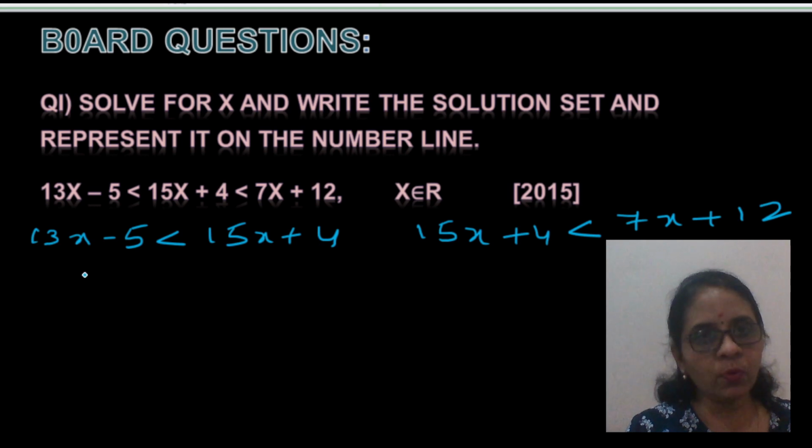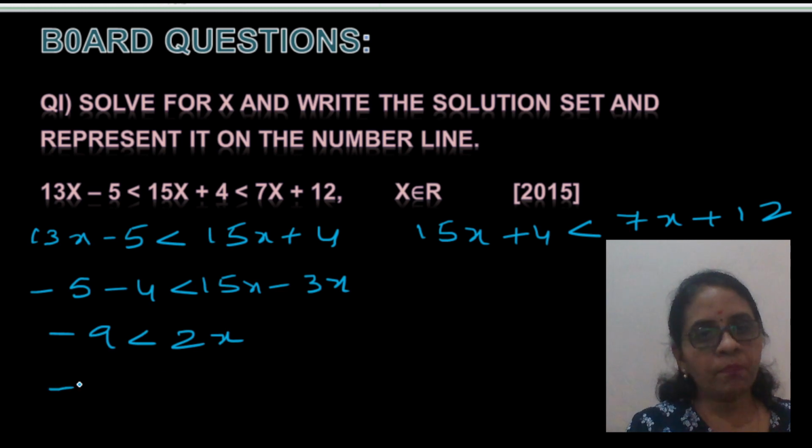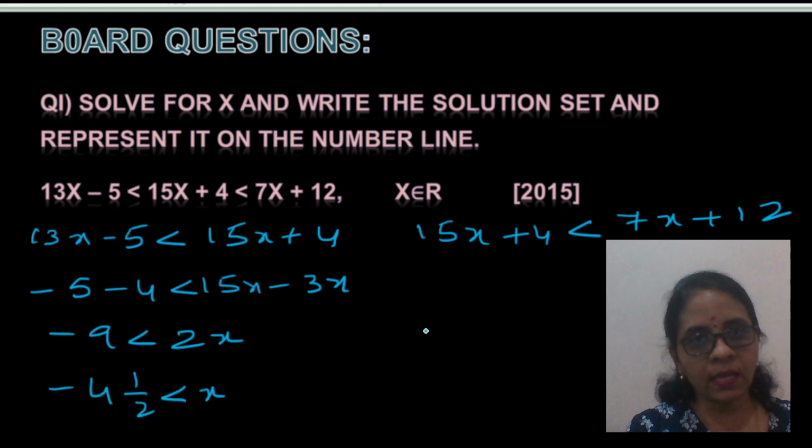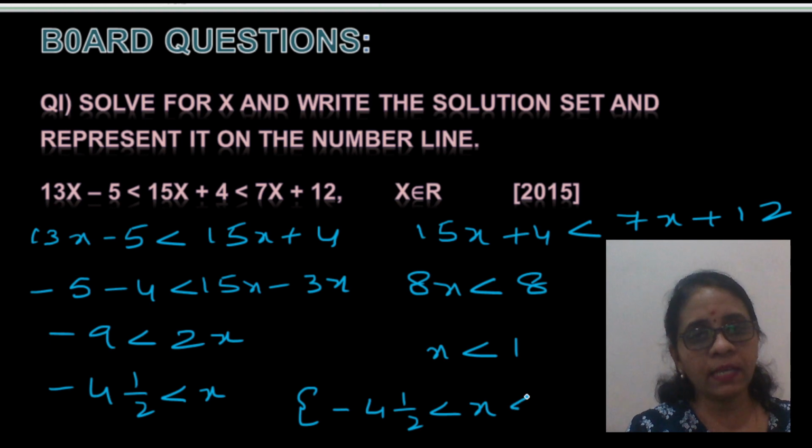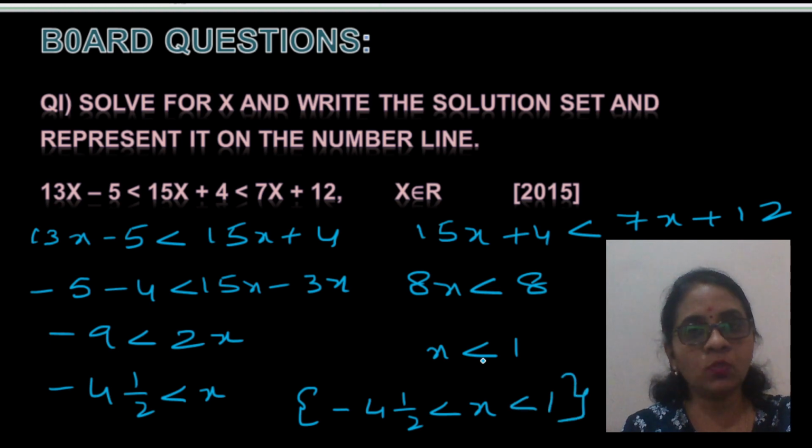If I transpose 13x to the other side, I have minus 5 minus 4 less than 15x minus 13x, minus 9 is less than 2x, minus 4 1 by 2 is less than x. Here you have 15x minus 7x, which is 8x, less than 12 minus 4 is 8, which makes x less than 1. So what is our common thing? Our common solution is minus 4 1 by 2 less than x less than 1.